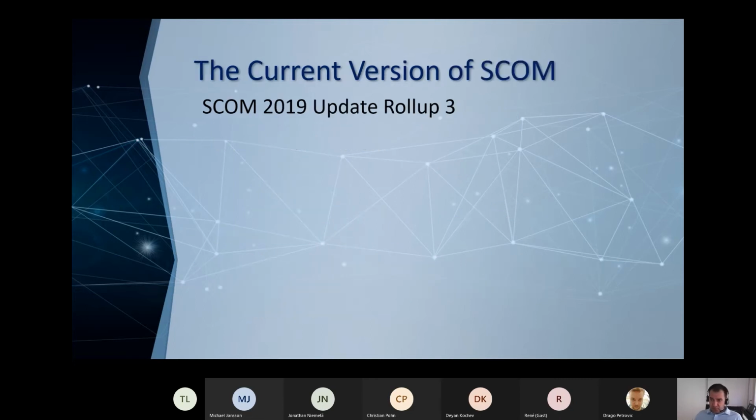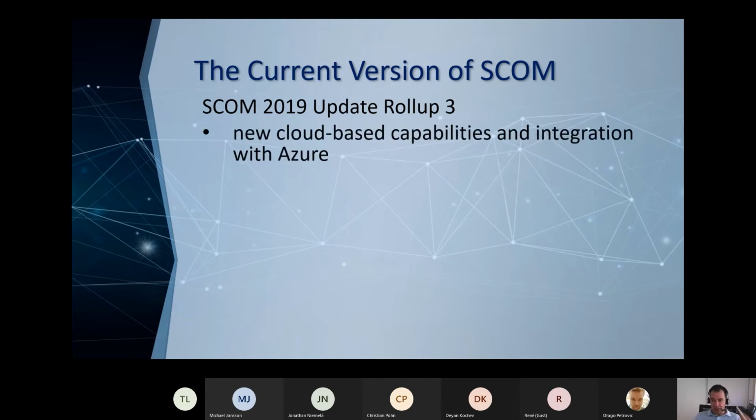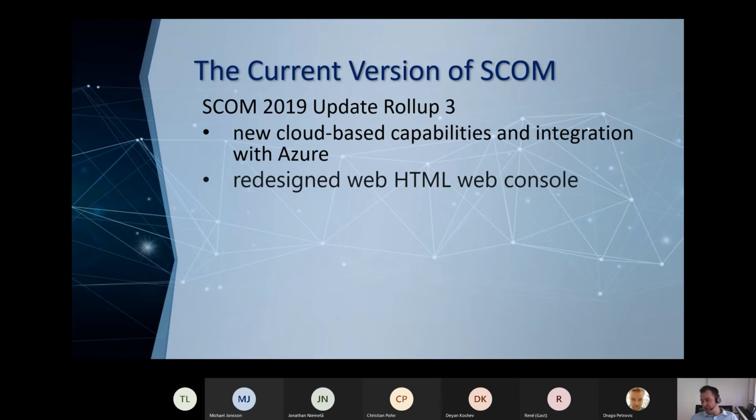So the next thing we would like to take a look at is the current version of SCOM. So the current version is System Center Operations Manager 2019 with Update Rollup 3. And let's go quickly over what it offers. There are some really new cloud-based capabilities and integration with Azure. You have a new HTML-based web console, a pretty modern one.